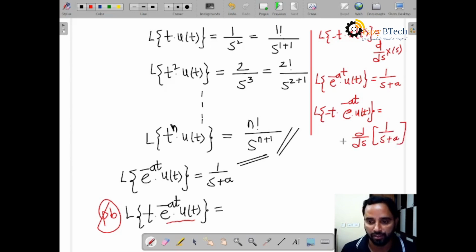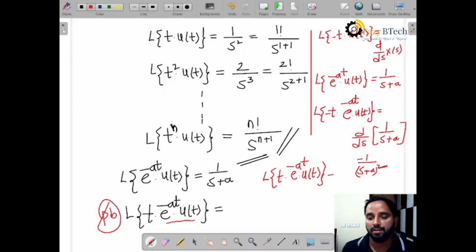Same we are following. The differentiation of 1 by x is minus 1 by x square. So we get minus 1 by s plus a whole square. Now the minus signs cancel, so the Laplace transform of t e power minus a t u of t becomes 1 by s plus a whole square.